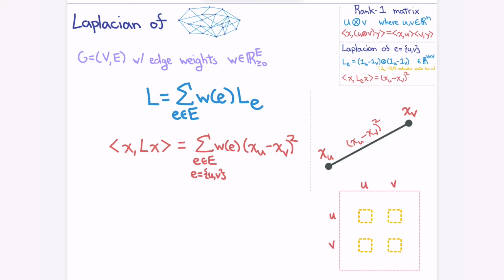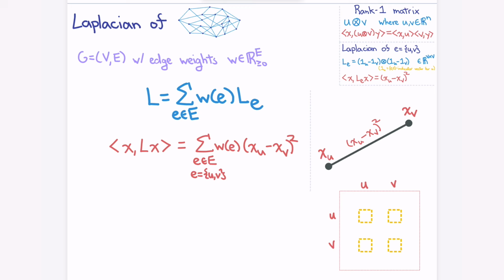All right, so let's say I'm looking at the Laplacian of just a single edge. Well, what do the entries of this Laplacian look like? No, actually.